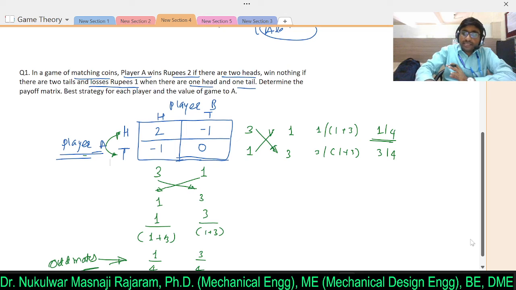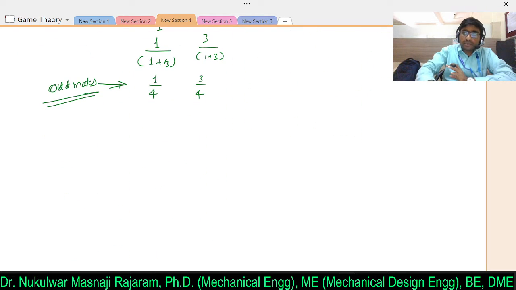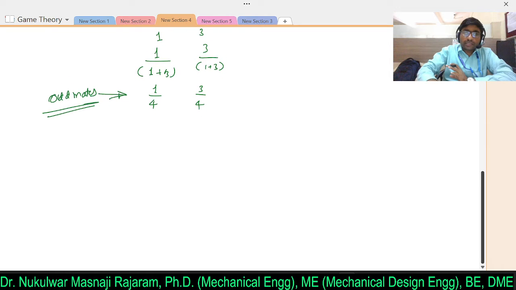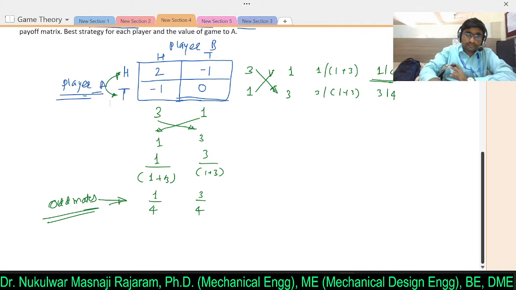We are interested in the value of the game. Clear? So how to get the value of the game? Clear? Now for this optimum gain, player A should play the strategy H for 1/4. Clear?